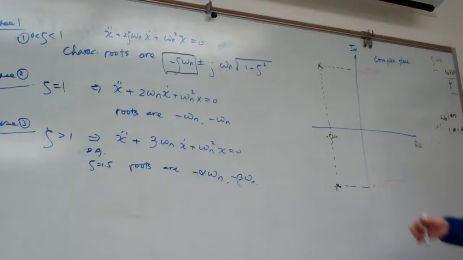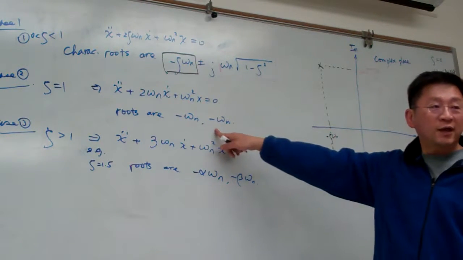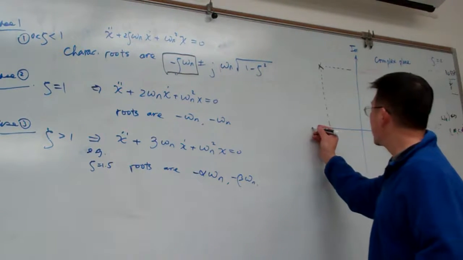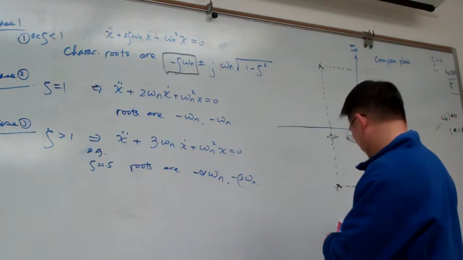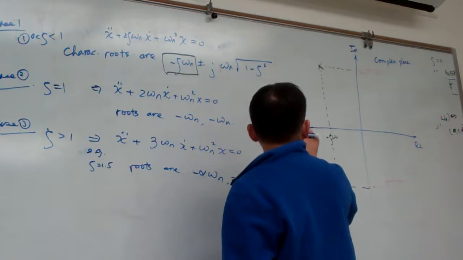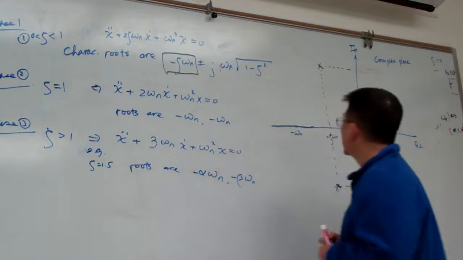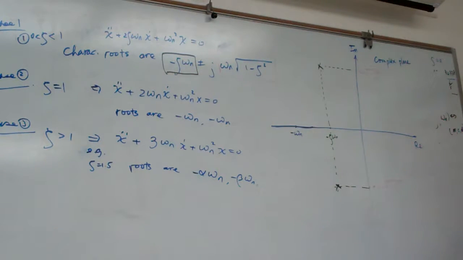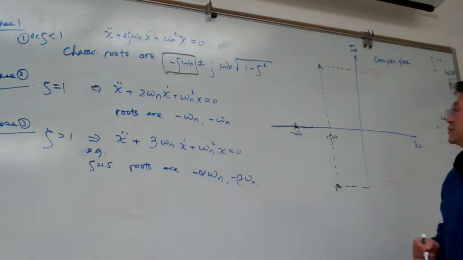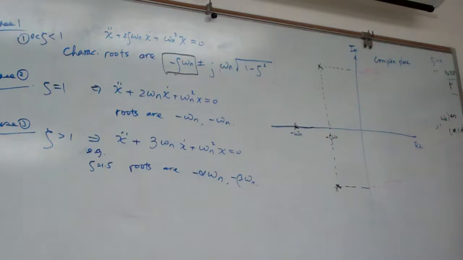Okay. For case 2, both are real. So for example, let me say that is here, that is minus omega n. So for case 2, the location of the root is here. They simply locate at the same location, so 2 x marks.